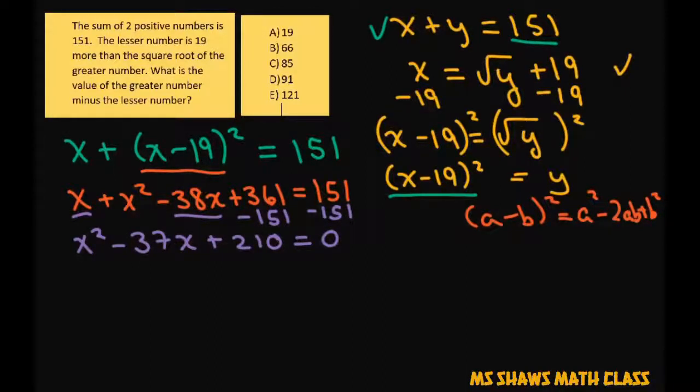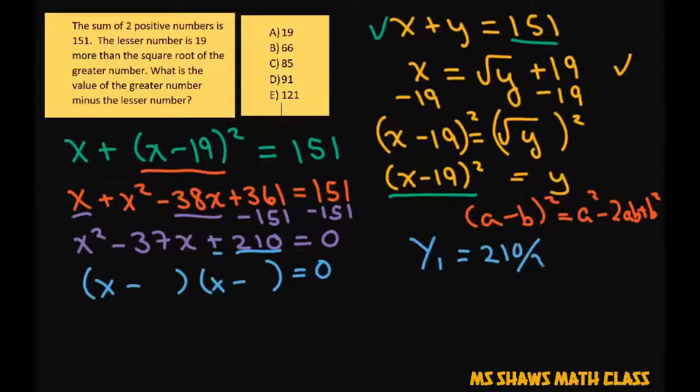Now the next step is to factor this. So we have x, x. Since this is positive and that's negative, they're both negative. And what I did is in my calculator, I went to y1 and inputted 210 divided by x.